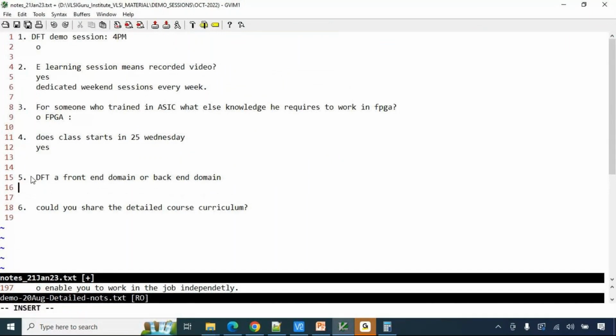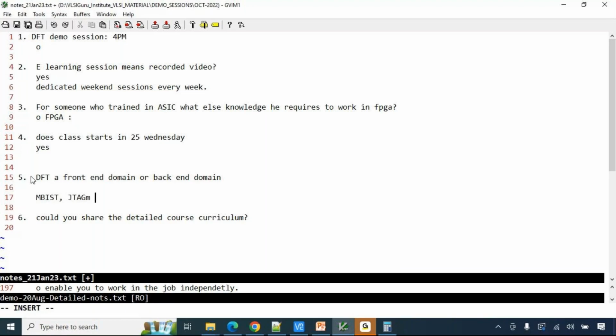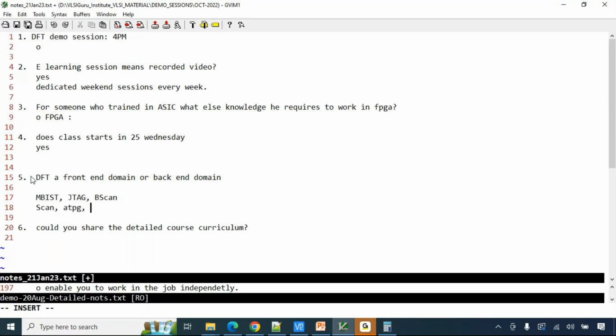The topics like MBIST, JTAG, boundary scan. No other institute covers these topics. They cover only to the extent of scan, ATPG, compression, and simulations. We do cover more in depth of DFT.